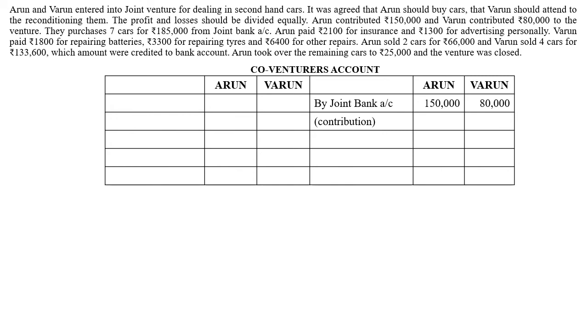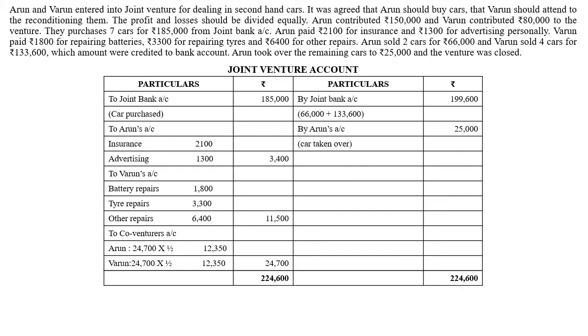Next you see the joint venture account. Now you have to see whether there is a venturers entry in the joint venture. Here you can see to Arun's account, to Varun's account. If it is to, then joint venture will be by, right?